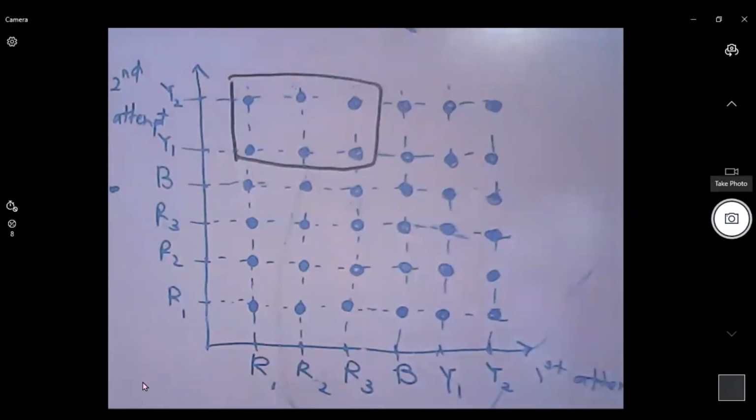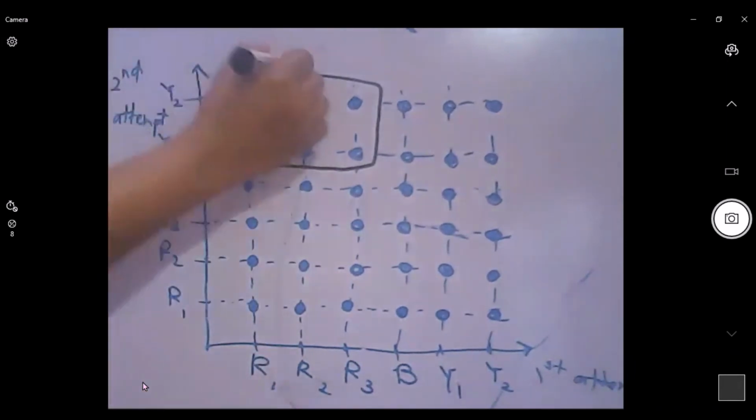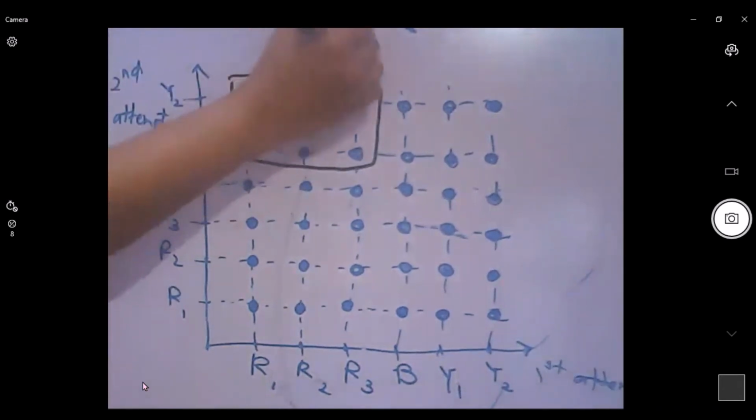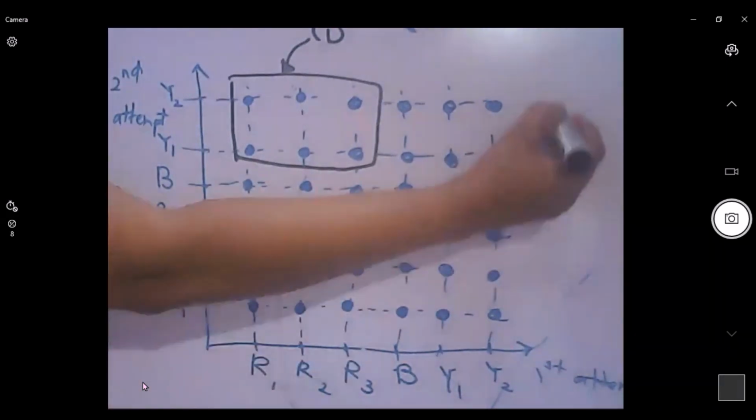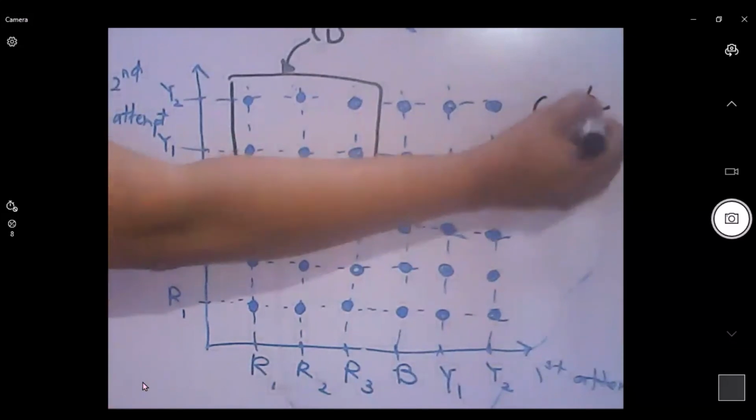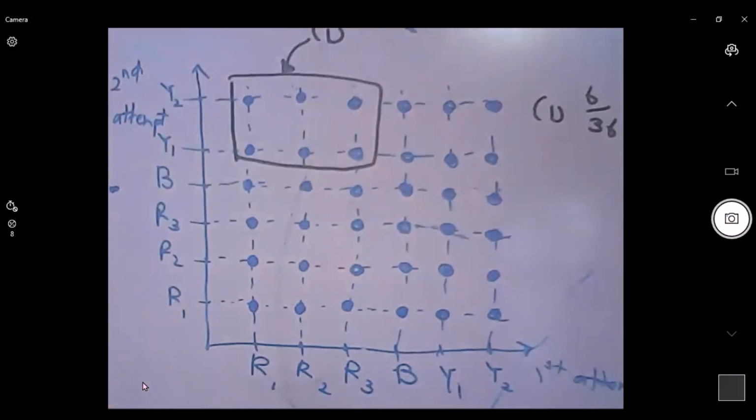This is Roman number 1. If you are asked to encircle the areas, you have to draw around all these 6 points and write question number 1. Then what is the probability? 6 over 36. Write it in the simplest form.